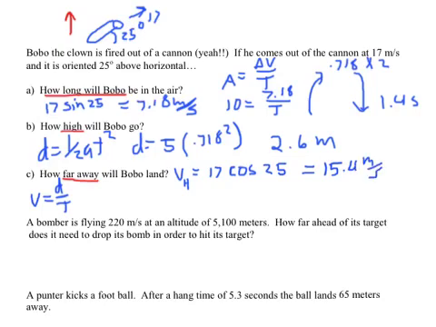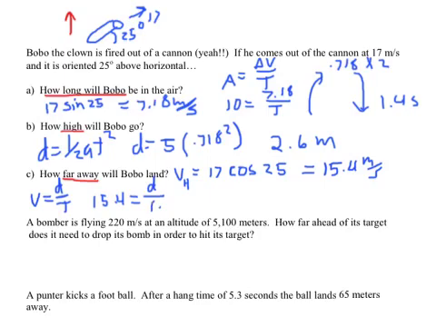And I'm going to take that value and put it over here. So I'm going to say 15.4, the horizontal component of his motion, equals the horizontal distance I'm looking for, divided by, in this case, if you think about it, Bobo is going to be traveling horizontally the whole time he's in there, not just on the way up, but also on the way down. So instead of using this value, I'll use this one right here, because he's traveling horizontally for all of that time.